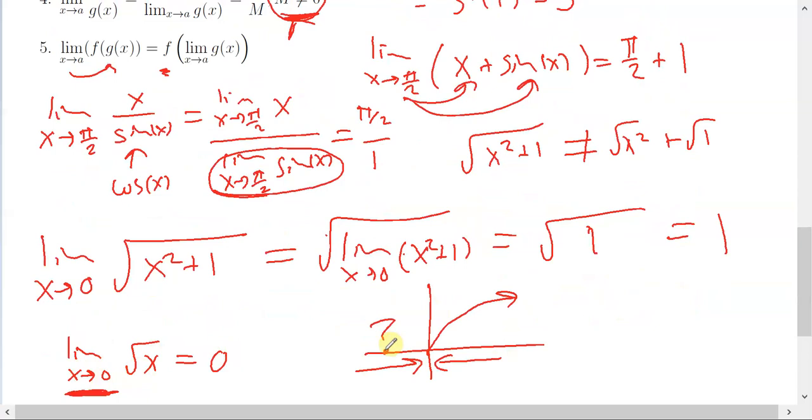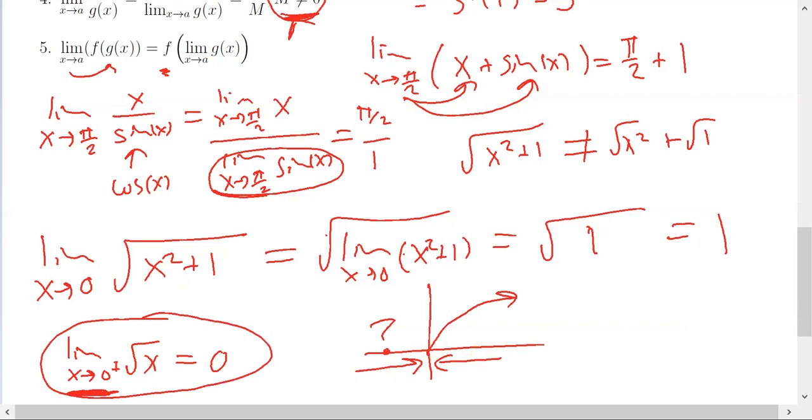Well, this side doesn't make any sense. So technically, I can only do this limit from the right. But a lot of times we leave that subtlety out, and we don't put the from the right on there. But technically, this limit only exists from the right, even though sometimes we do write this when we're not being totally careful. But if we want to be careful, we'd want to put the little plus sign.